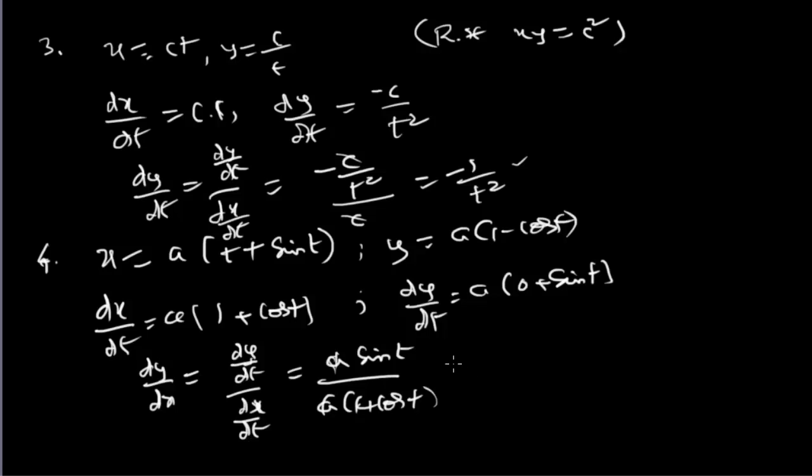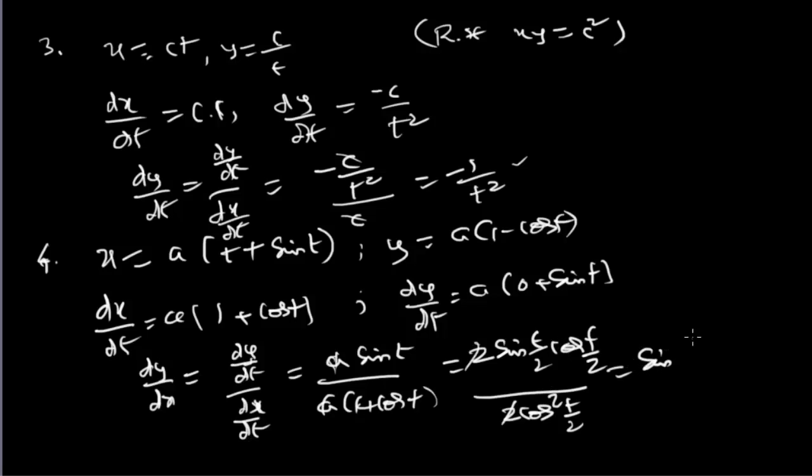Simplification is a must. So 2 sin t by 2 into cos t by 2, you can use the trigonometric formula, and 1 plus cos t is 2 cos squared t by 2. Here 2 cancels, one cos t by 2 cancels, it becomes only sin t by 2 by cos t by 2, which is tan t by 2.